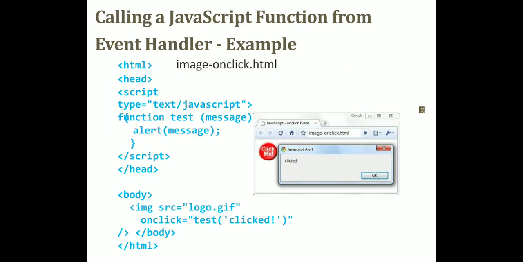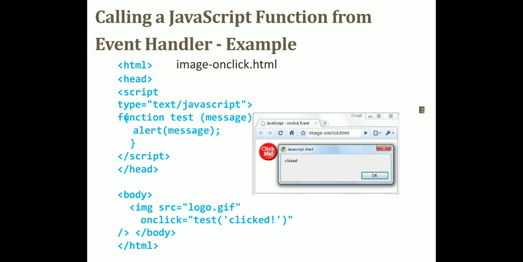Then calling a JavaScript function from an event handler. So with the event handler, how a JavaScript function can be called, that thing we will see. Here we have written one example for an event handler.